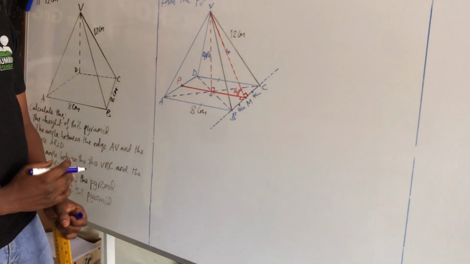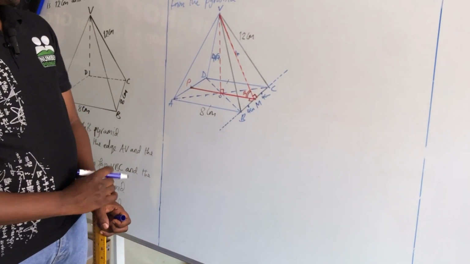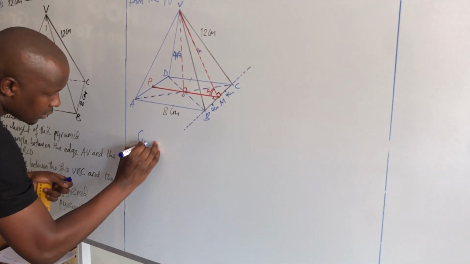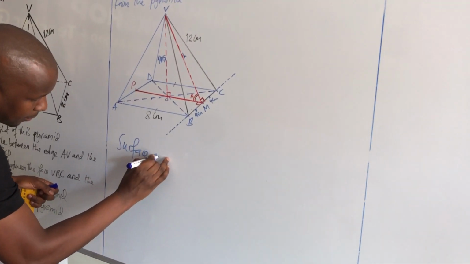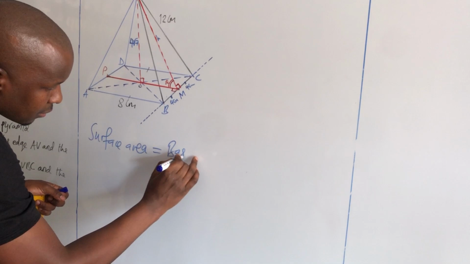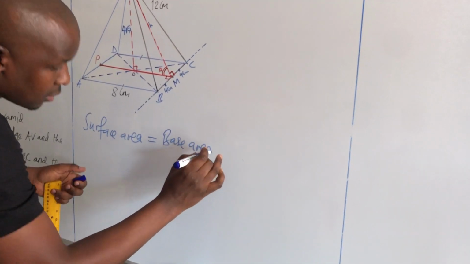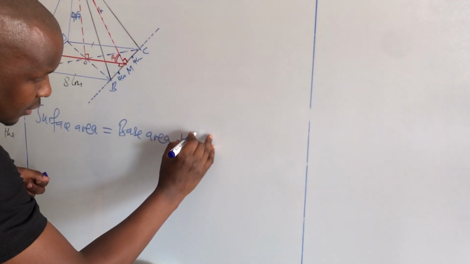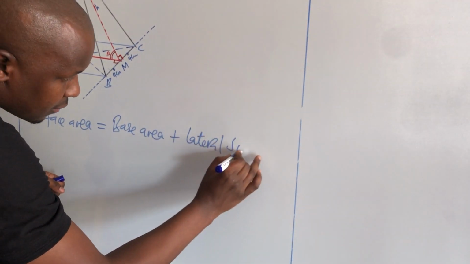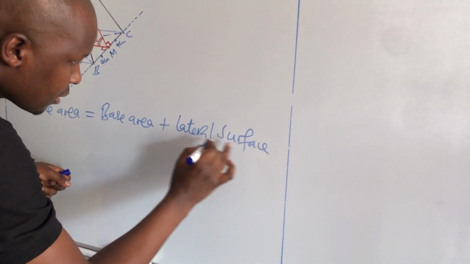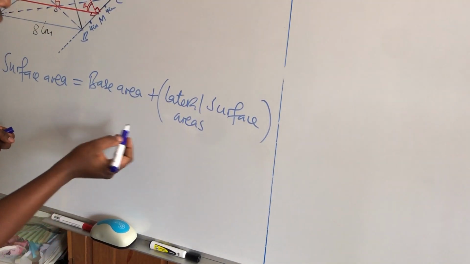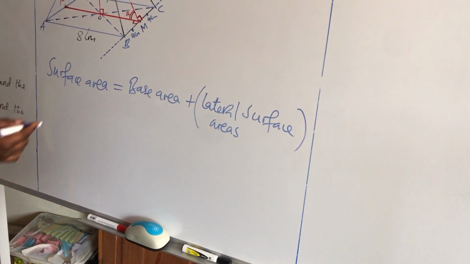So we can say surface area is given by the base area plus the lateral surface areas, because there are more than one, but in a pyramid we have only one base.